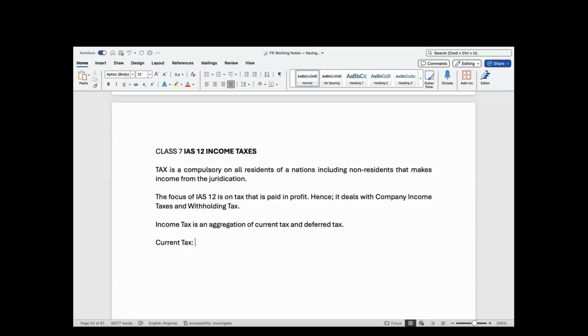When we say current tax, this is a tax that is payable or recoverable. Yes, it's possible for you to recover tax. It is in respect of taxable profit.